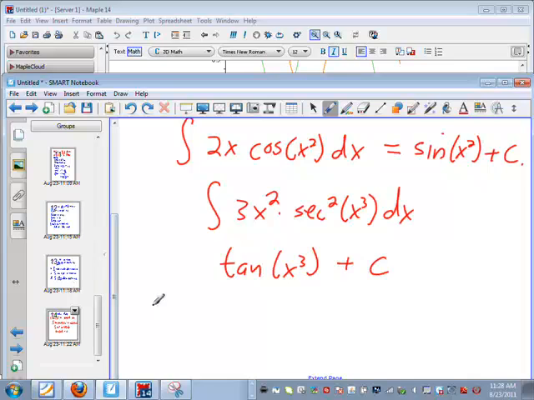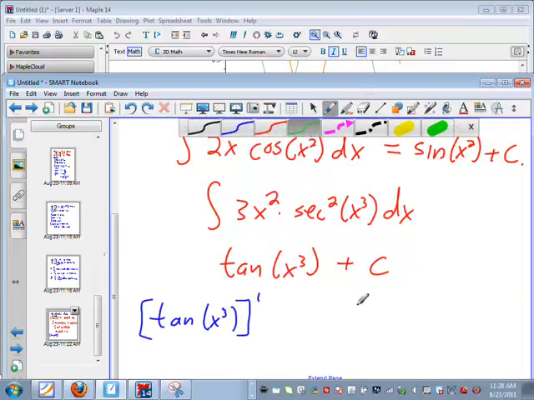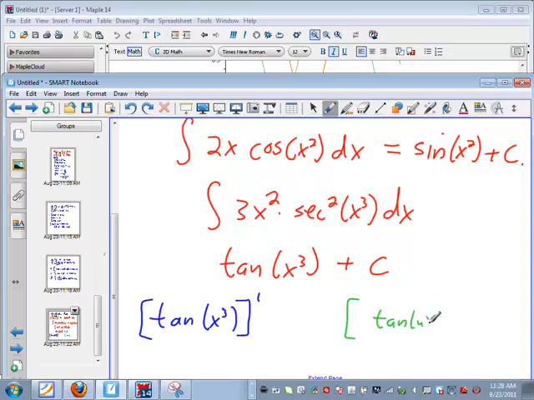If I have the tangent of x cubed, and I'm taking the derivative of that, then literally we would move to the side and say, I know that the derivative of the tangent of any function, we said this on the first day, is secant squared of that function times the derivative of that function. We know that. So we're going forwards with the derivative.